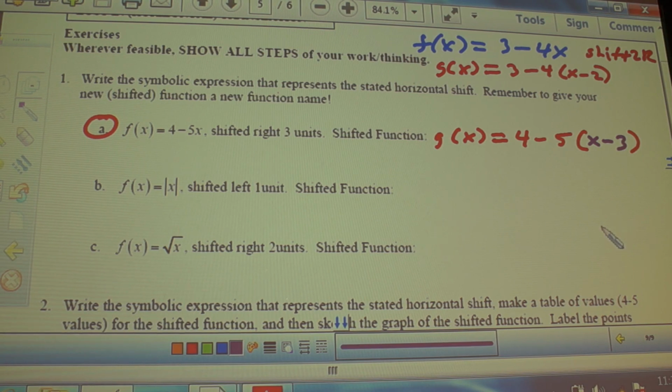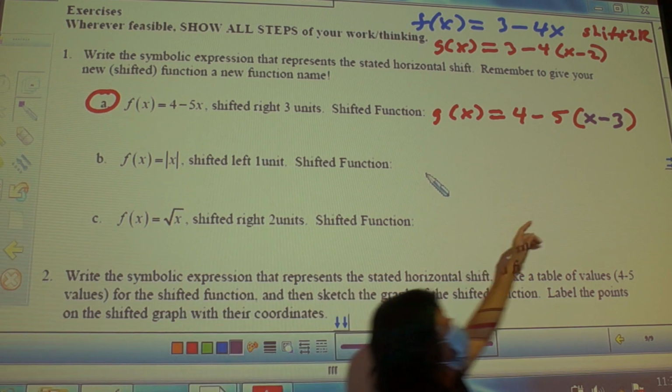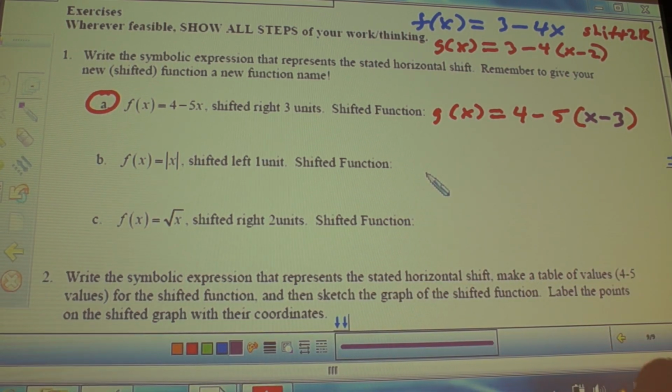Good? Is that what everybody got? All right, next one. Simplifying? Minus 1, g of x equals negative 1, because 4 minus 5? No, no, no. Okay, so what happens first? Order of operations. What happens first?